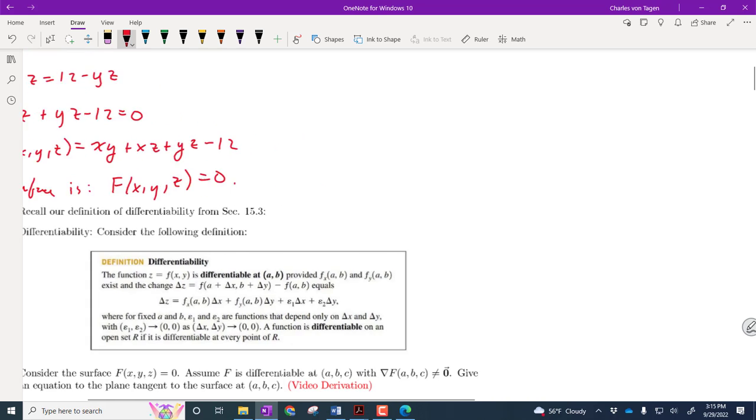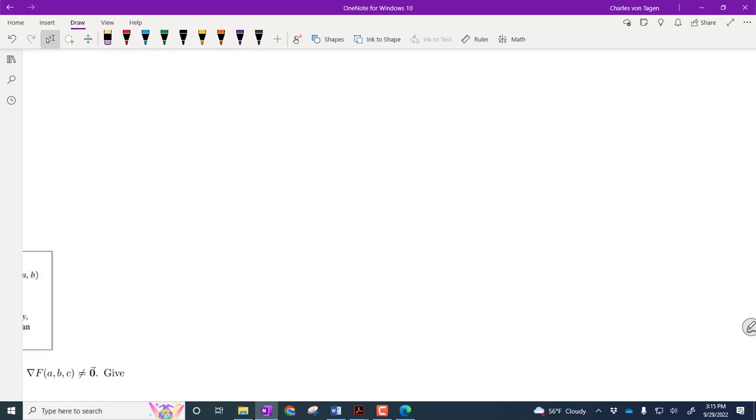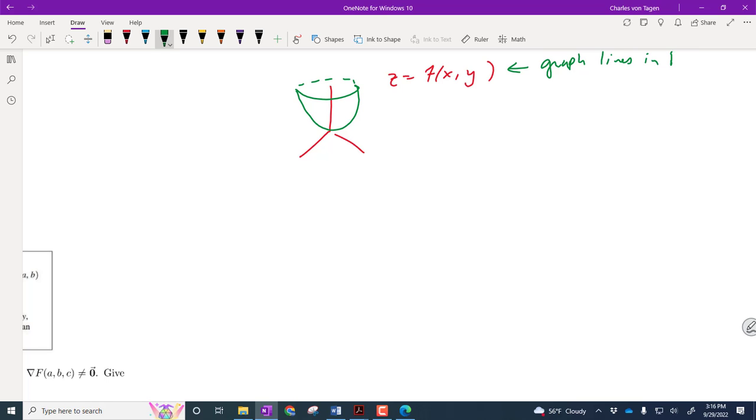Okay. So if I take some z equals f of x, y, let's say I'm talking about this paraboloid here. This lives where? The graph of this lives where? Everyone okay with that?